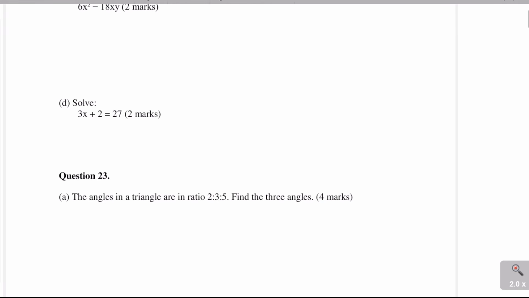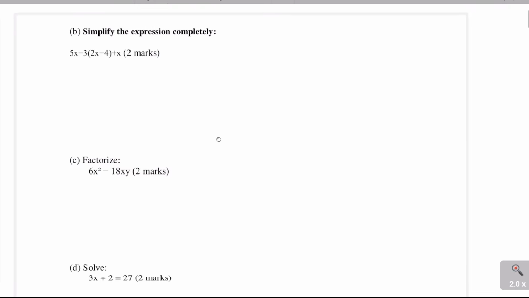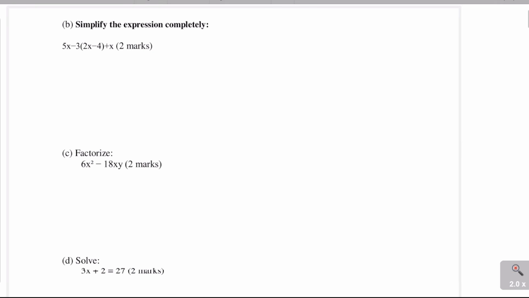The next question is on simplifying. You're supposed to simplify the expression completely. You have to be very careful with the brackets here. So you have 5x, then subtract 3. 3 has to multiply everything that is in the bracket. So 3 times 2x, that is 6x.